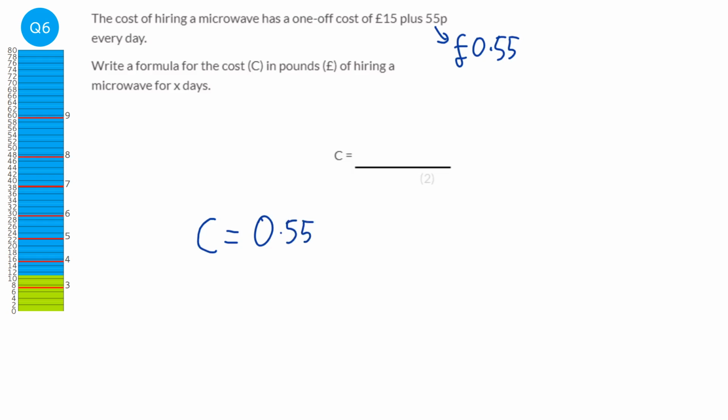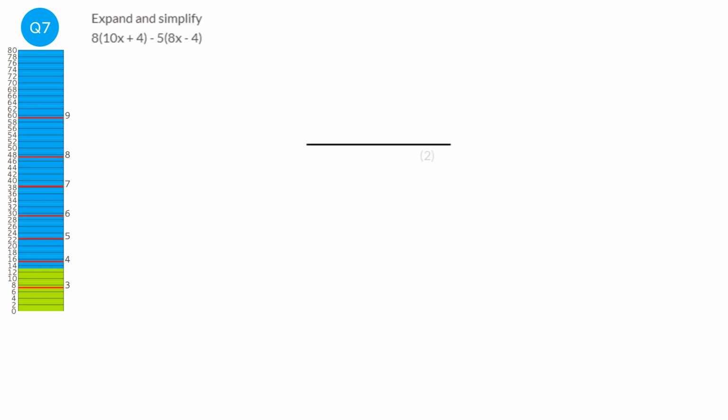Well, it says the amount of days is X, so it's going to be 0.55x. Then it says that there's just a one-off cost of £15, so you're going to have to pay £15 regardless. So we're just going to add 15 onto that. So the answer would be C equals 0.55x plus 15.